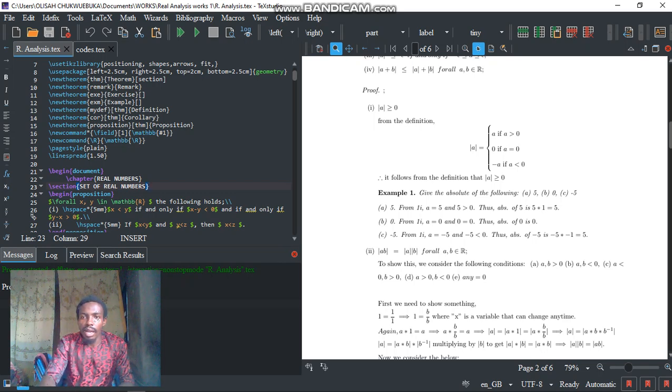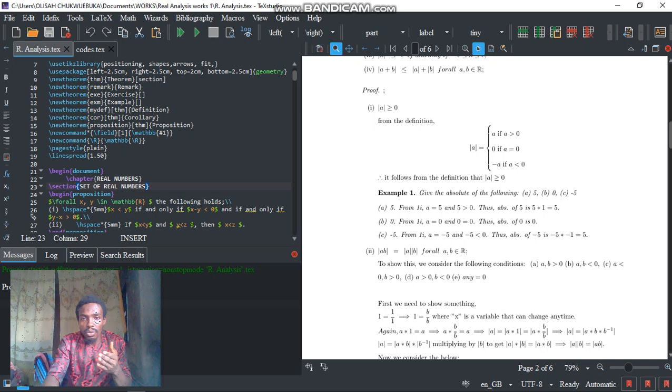If the value of a in this absolute value function is equal to 5, that means 5 is a number greater than 0, because the absolute value of 5 is 5. Just think of the absolute value function as: when you give it a value, it multiplies that value by the sign of that value. If the value is positive, multiply it by positive 1.